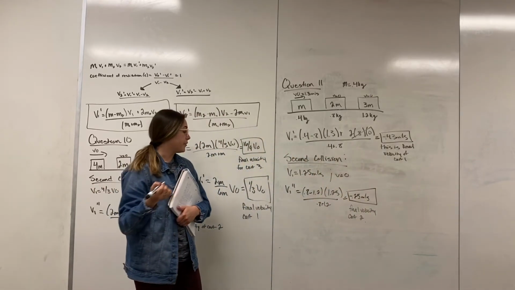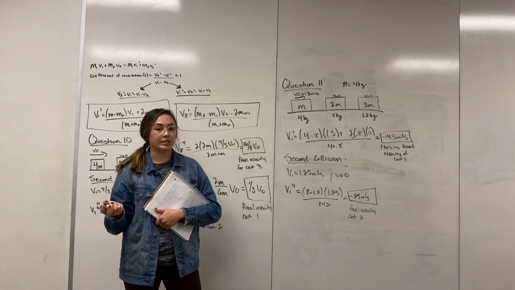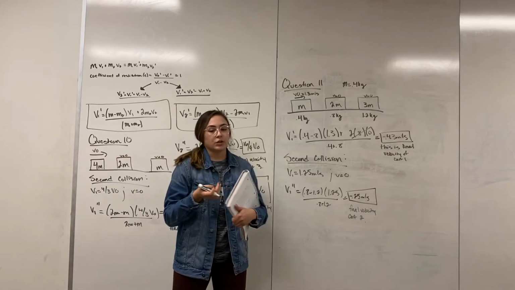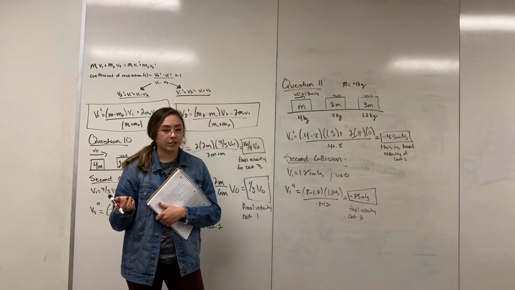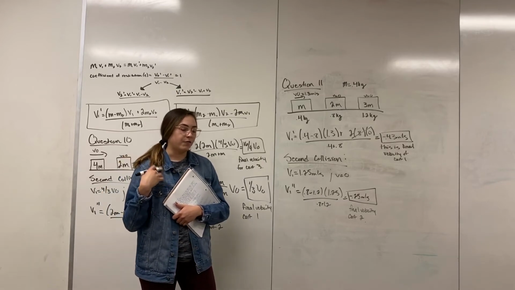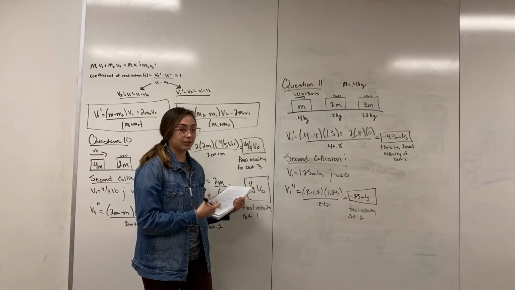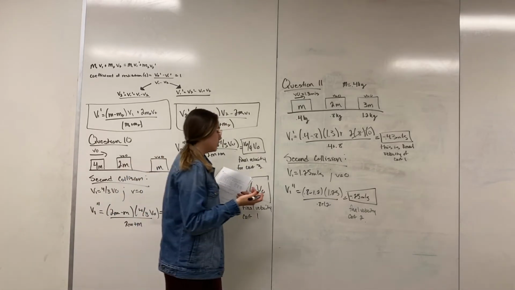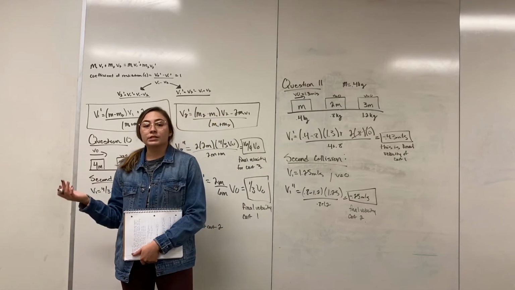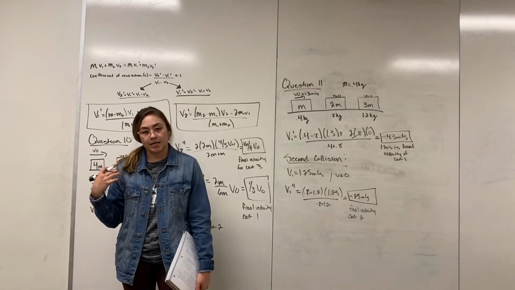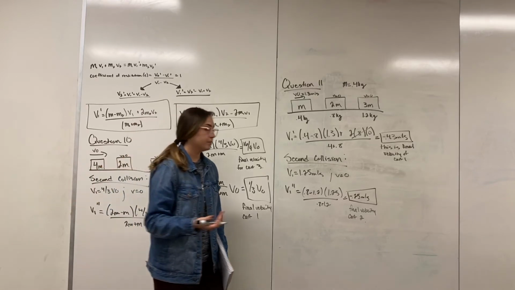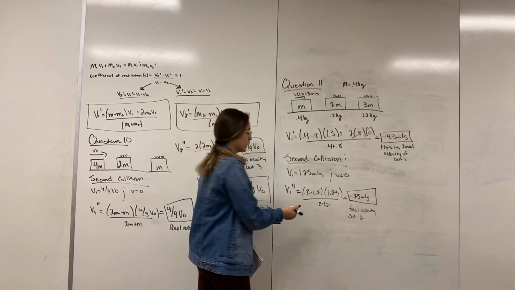Finally, we're going to solve for V2 double prime, which will be the final velocity of cart 3. So because it is an elastic collision, we're going to foreshadow that cart 3 is going to keep going in the positive direction, implying that our answer should be a positive number. So I'm going to go ahead and input them, of course excluding the part that has VO equals 0, because I already showed it previously in the first collision.